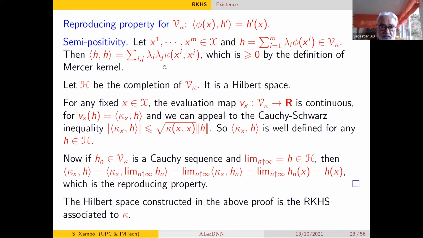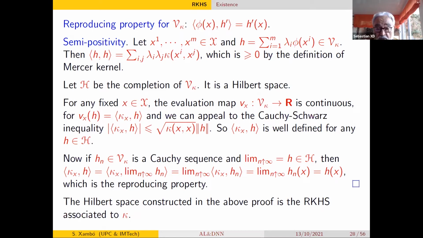So clearly it is semi-positive. Now, this V_kappa will not be complete, but you can complete it as I explained before. So let H be the completion of this V_kappa. This is already a Hilbert space, and this is the reproducing kernel Hilbert space associated to kappa.